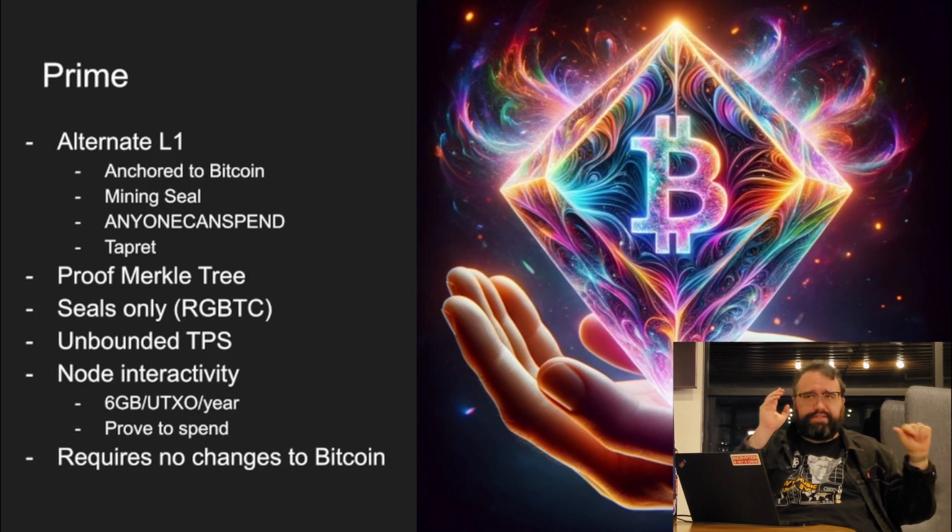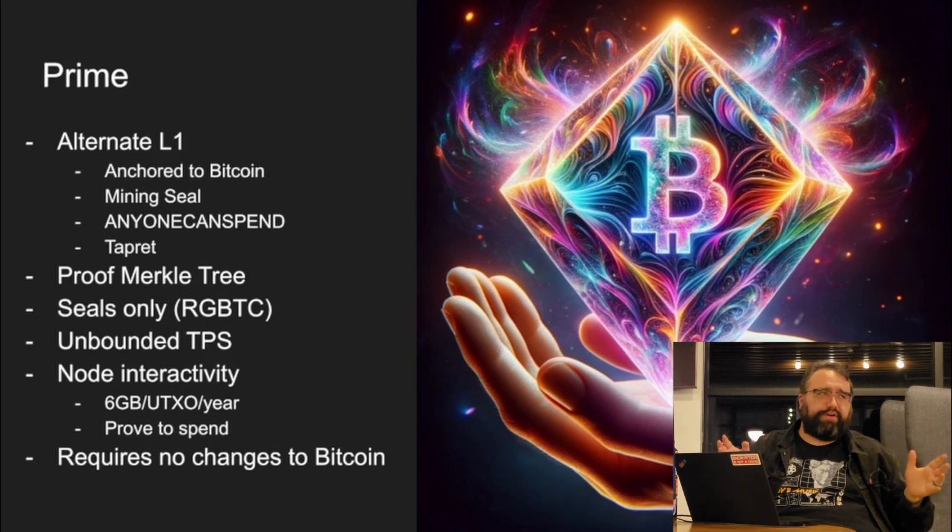So single-use seals are basically what RGB uses a UTXO for, and it's just a thing that you can put data into and use just once. And this allows for a lot of transactions per second. Maybe I shouldn't say unbounded, but it's a lot.